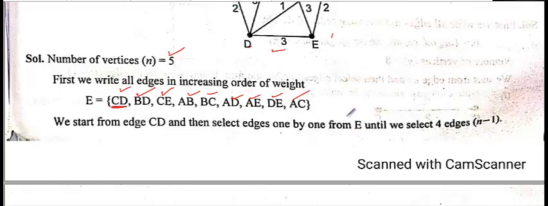You should not have any confusion here. Why is E not written?